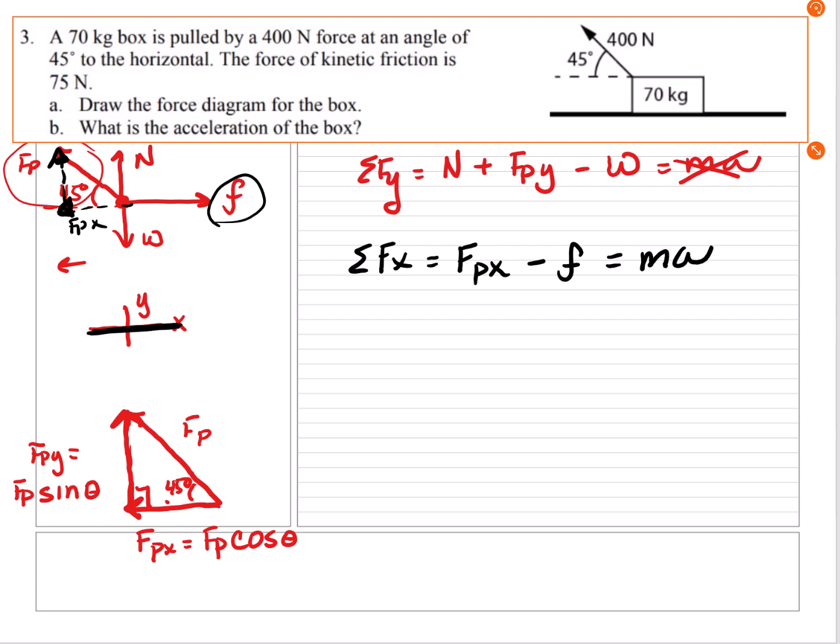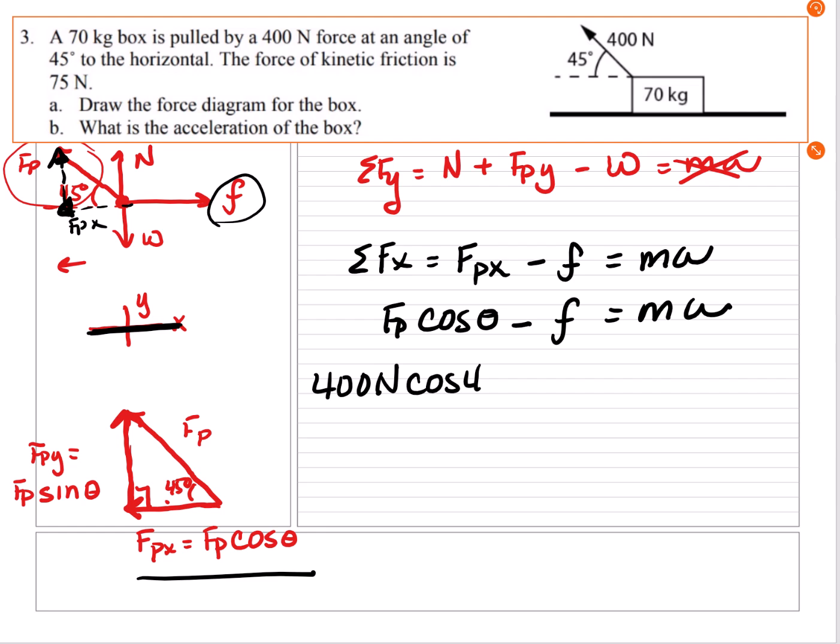So now we could plug in. FP cosine theta is FPX from down here minus friction. Friction was given to you. This is equal to MA. So FP is 400 newtons.